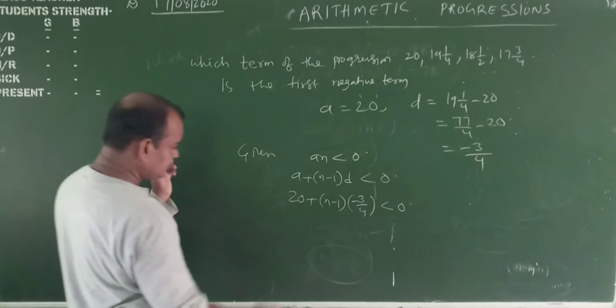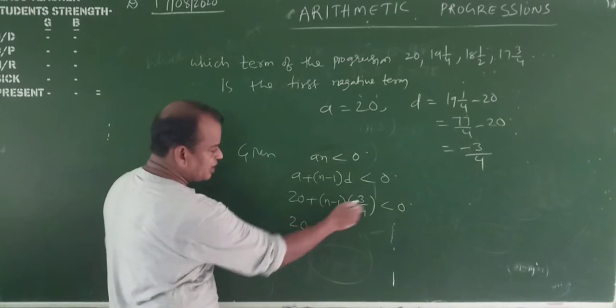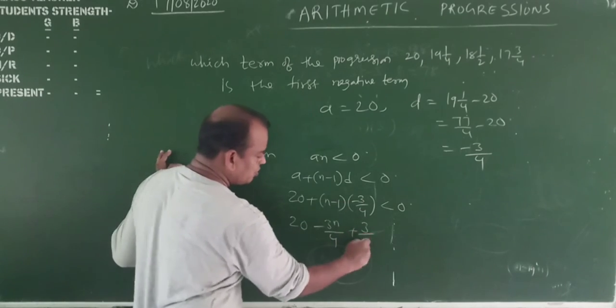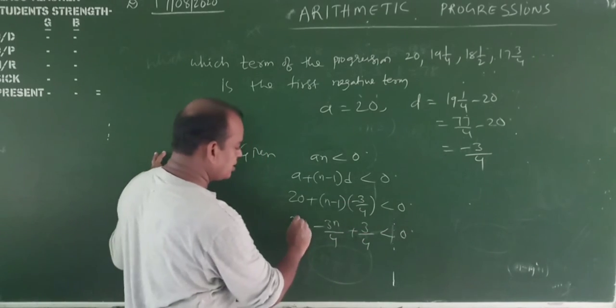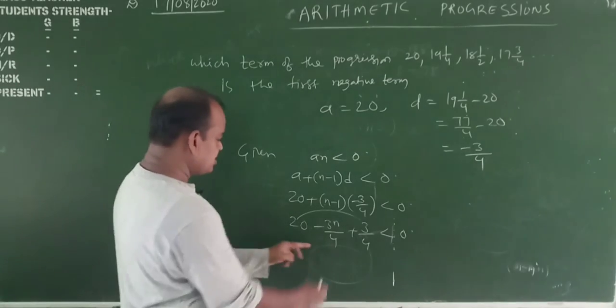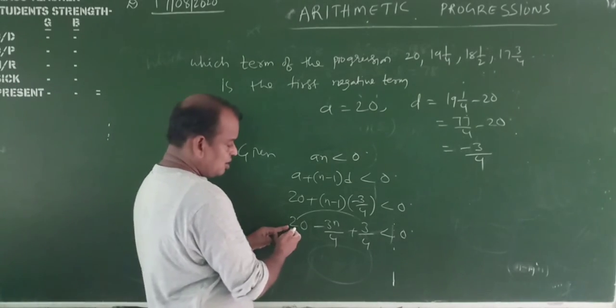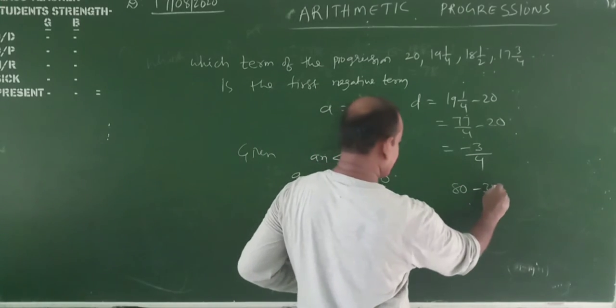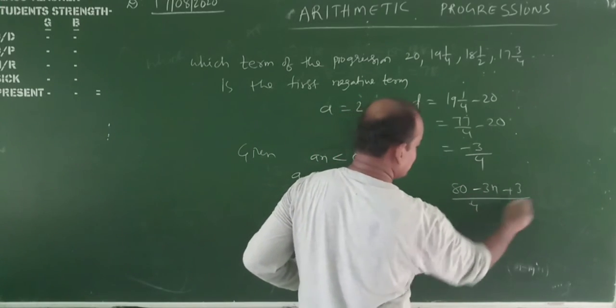Now 20 minus n into 3 by 4 plus 3 by 4 is less than 0. Now we take the LCM, no problem at all. 4 is the LCM. 4 twenties are 80, so 80 minus 3n plus 3 by 4 is less than 0.